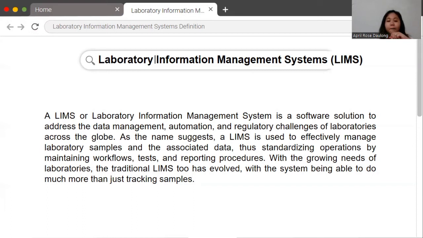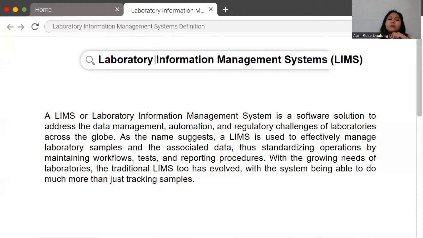So, the LIMS facilitates the management of samples, or in other words, it effectively manages the flow of samples, mga test results, and associated data to improve the lab productivity and efficiency.